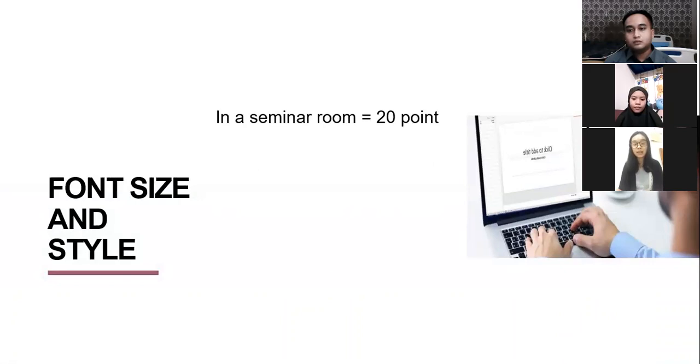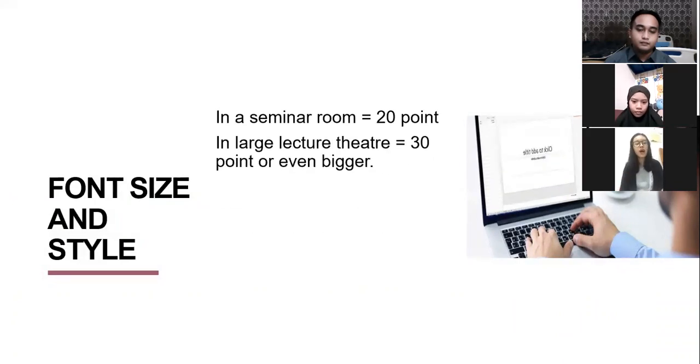For example, when you present in a seminar room, you can use 20 point for the font size, but if you present in a large lecture theater, you should use 30 point or even bigger so that everyone in your audience can easily see your screen and everything you show.